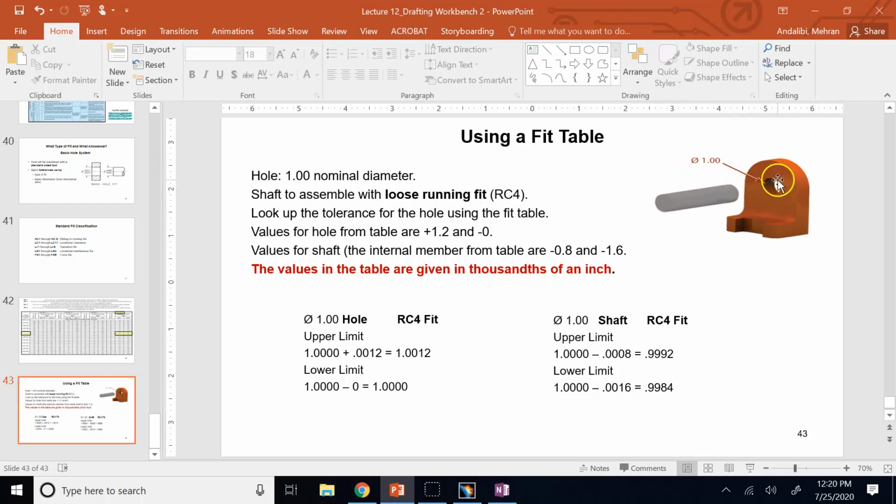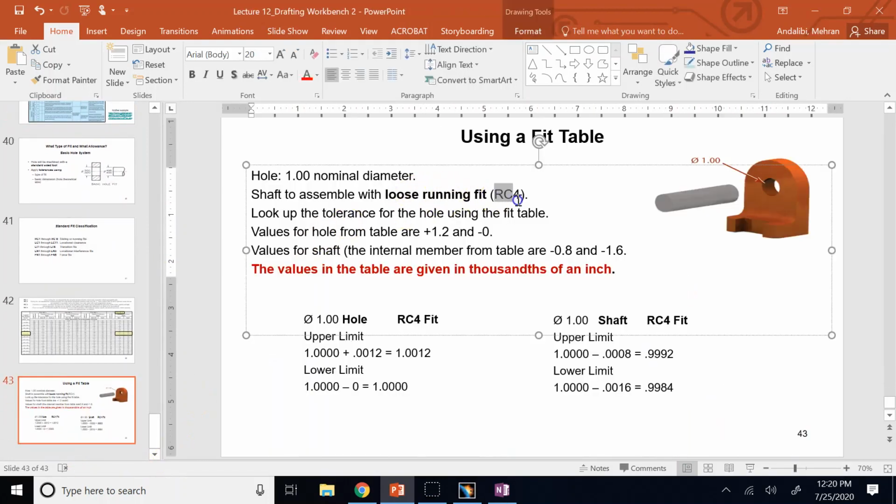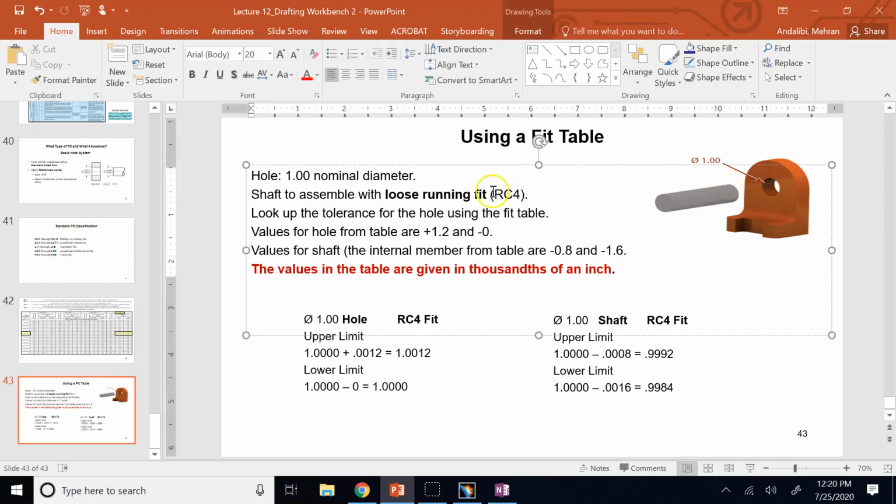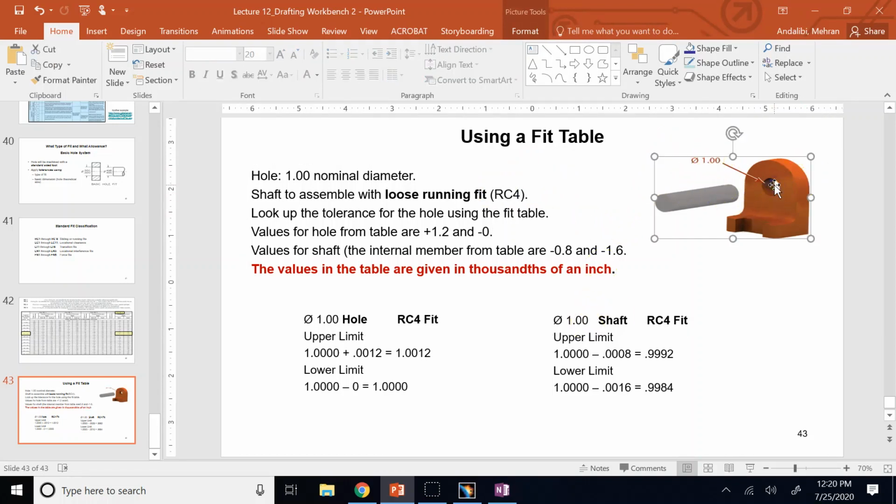And based on the design that I'm doing and the standards that I use, I know that I want this to be a class RC4. So class RC is loose, and I want it relatively good loose. Okay, so I want it class RC4. So now I give you this dimension of 1 inch nominal diameter, and I tell you the fitting I want is class RC4. You tell me the pluses and minuses for the shaft and for the hole.